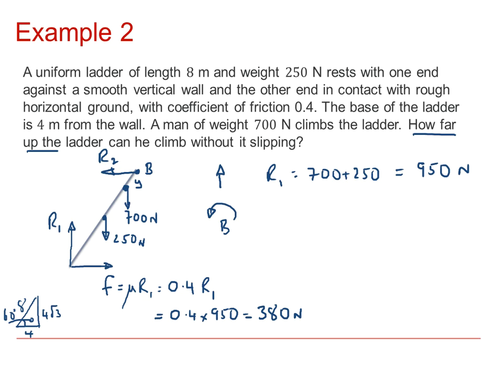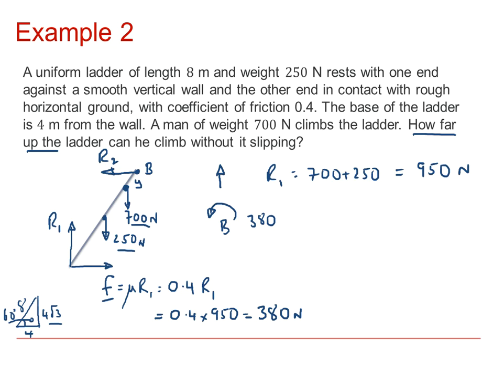Right, so taking moments then. We have got three forces, the frictional force, 250 and 700, all of which are anti-clockwise moments. So firstly, the frictional force, which is 380, and its distance from B is 4 root 3.